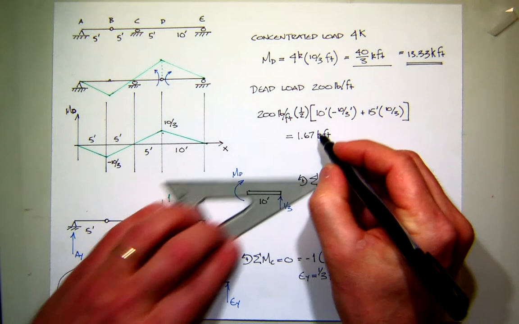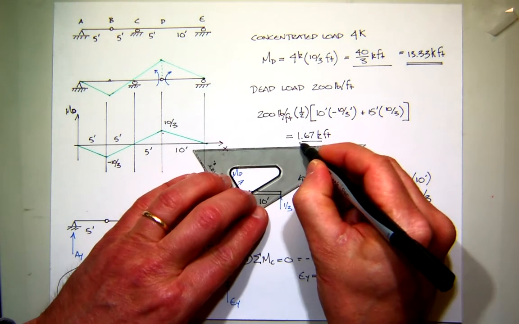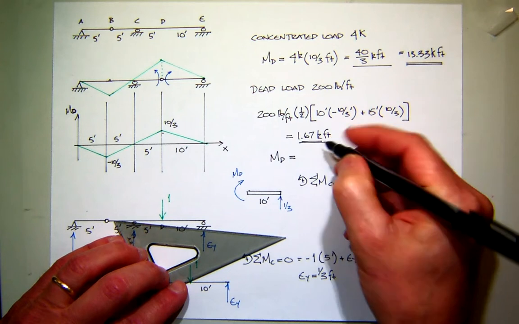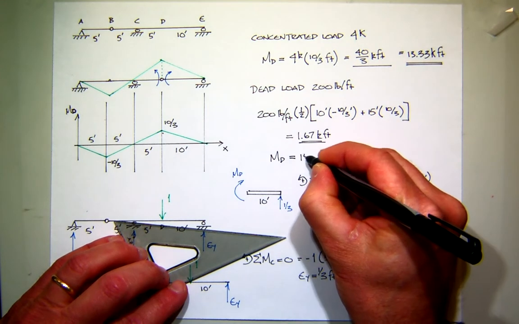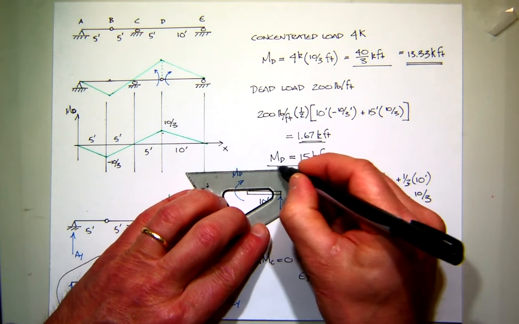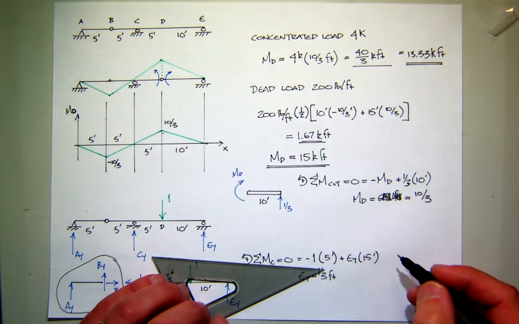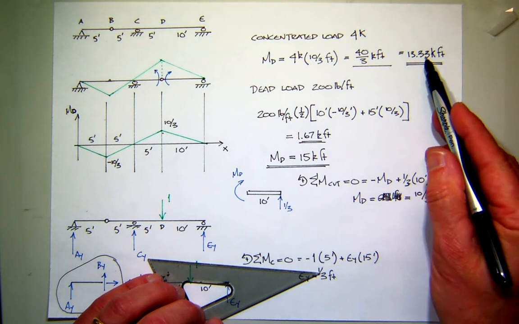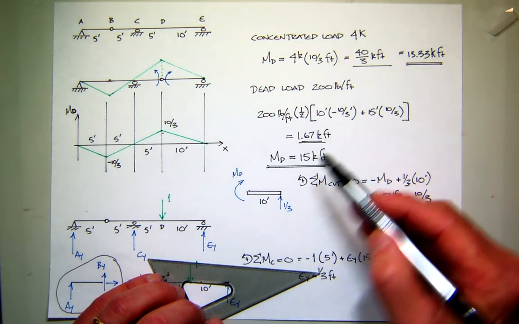So you add the two together. The moment at D, due to that combined load, would be these added together, which conveniently comes out to 15 kip feet. Right? 13.33 plus 1.67.